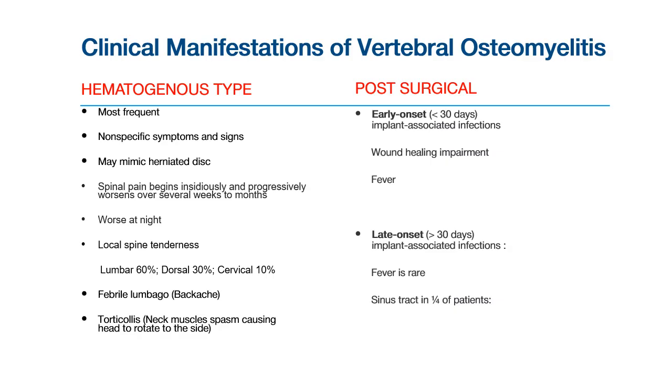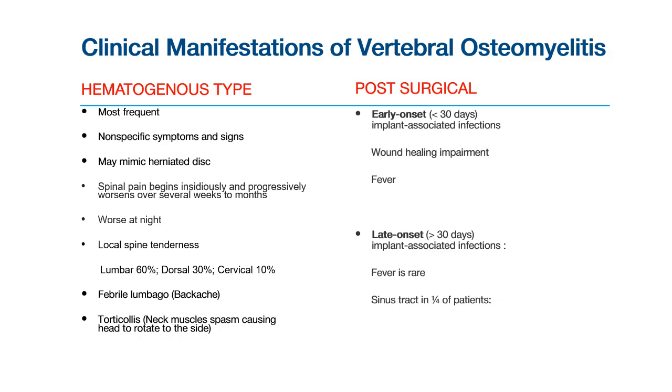The lumbar spine is affected in 60% of the cases, dorsal spine in 30%, and cervical spine in 10%. In the lumbar spine, it may be called febrile lumbago or backache, and in the neck, torticollis.